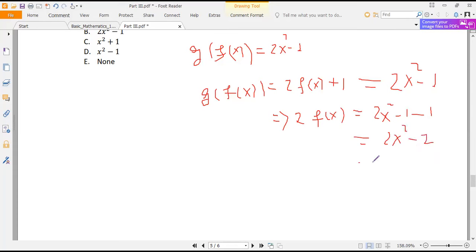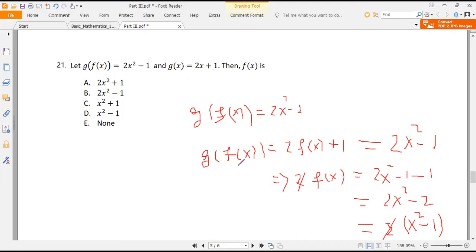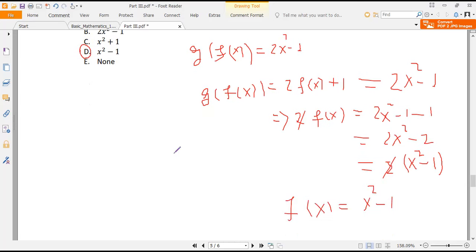Taking 2 as common, 2 times x squared minus 1, the 2s cancel. Therefore, f of x is equal to x squared minus 1. D is the solution from the set of alternatives. Therefore, f of x is obtained.